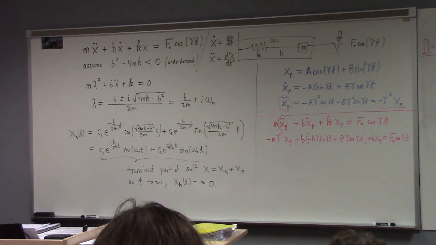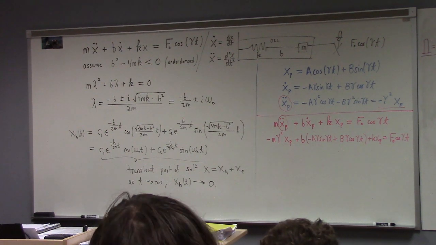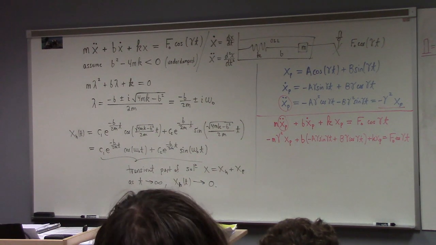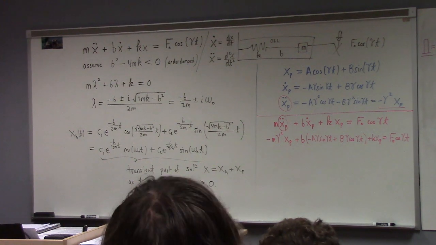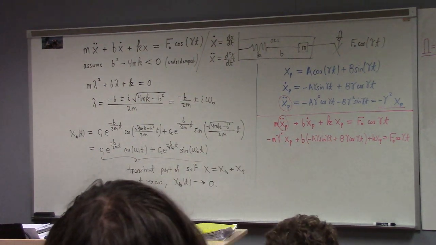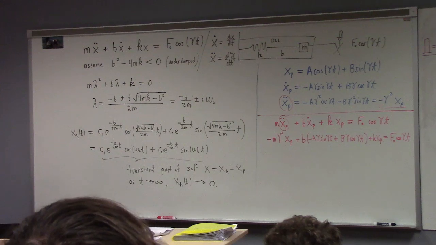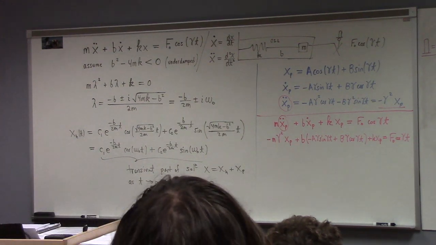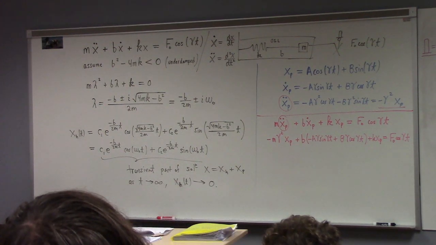And then I have my minus b a gamma sine gamma t plus b gamma, little b, big B, cosine gamma t.